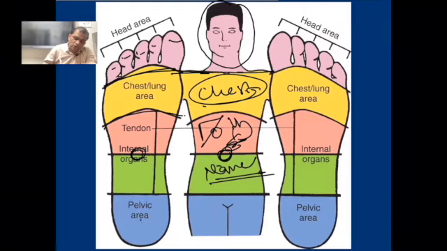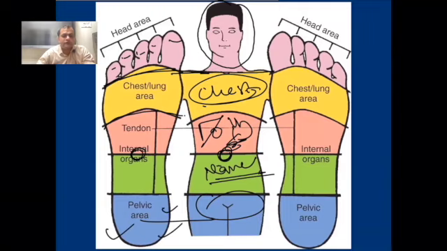In this lowermost part, we have the genital part, the reproductive part, and all the organs below. So definitely, when we are going to treat sciatica pain or knee pain, we will find the point near this area in the pelvic area, because pelvic area means below this line, below the pelvic bone. We have the pelvic bone here. I think it's very clear.